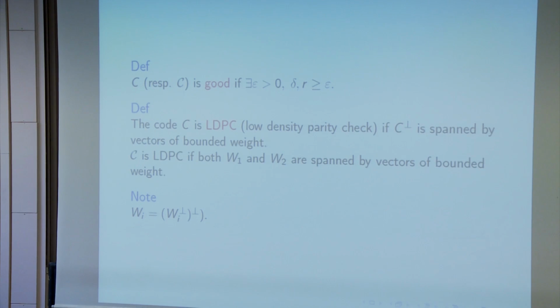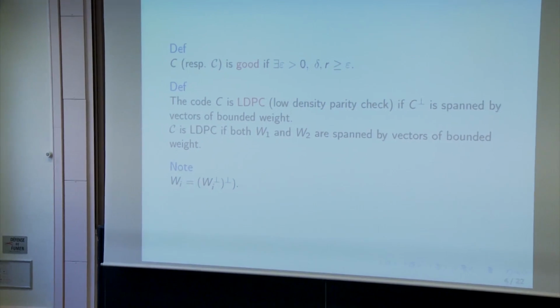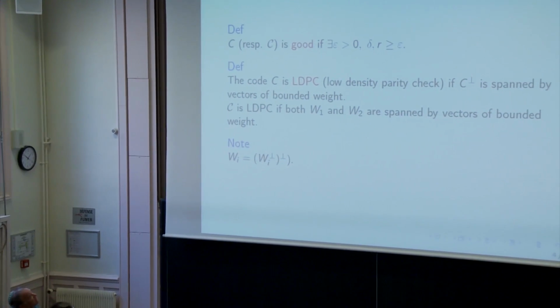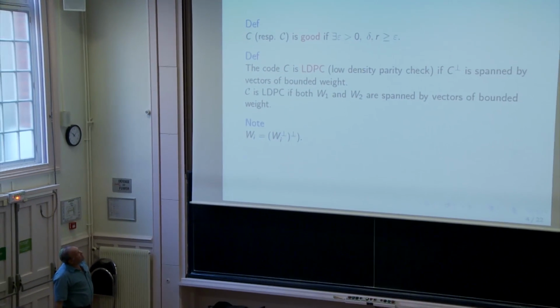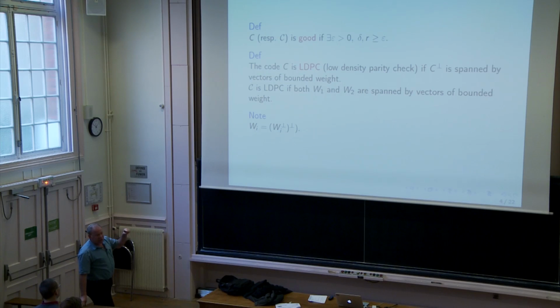We say that C, or fancy C if it's quantum, is a good code if there exists some epsilon such that delta and R are both greater than epsilon, which means that the dimension and the distance both grow linearly with n. Then we say this is a good code.